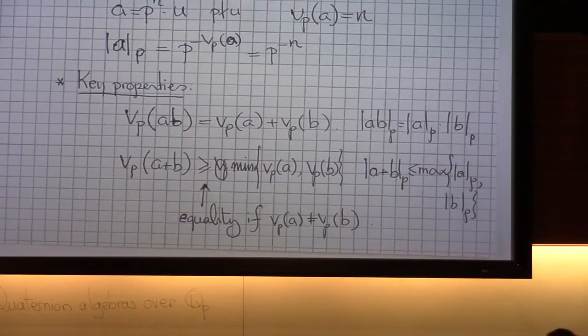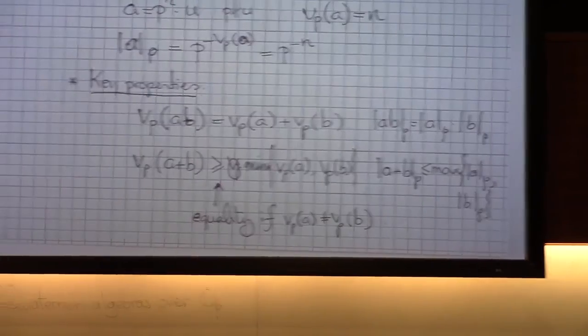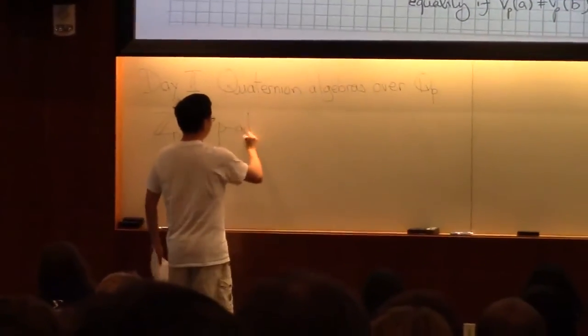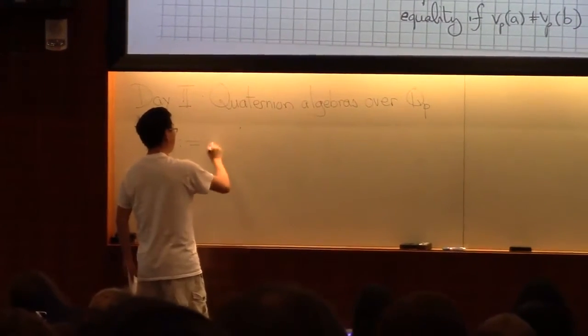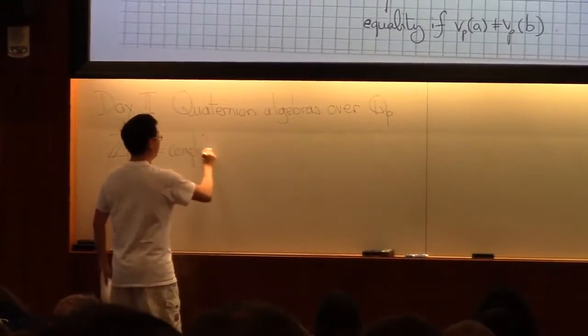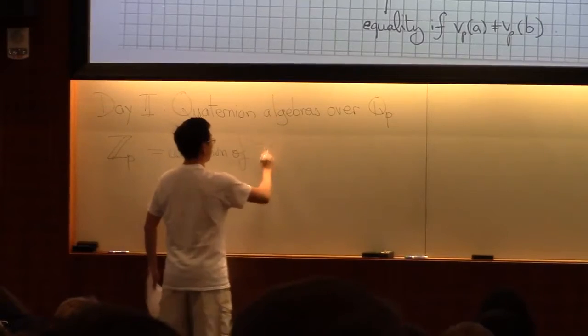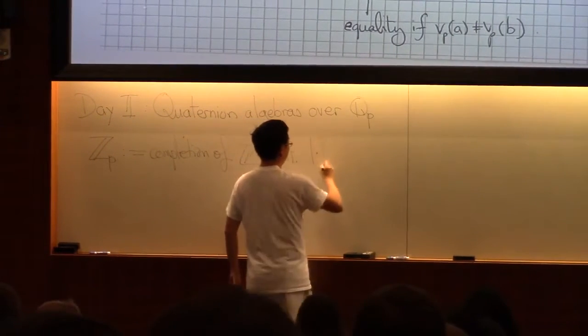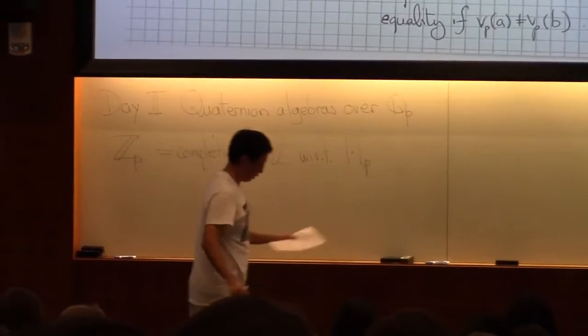At the very end of last lecture, we defined Z_p to be the completion of Z with respect to the p-adic norm, which is defined up here.